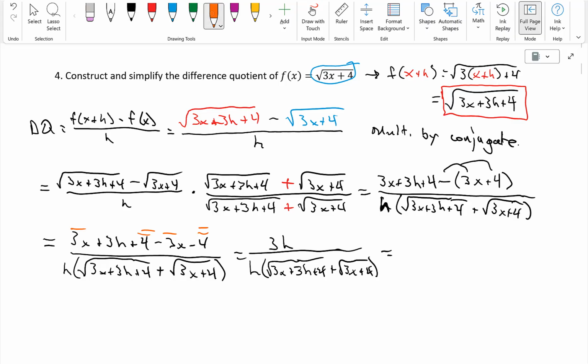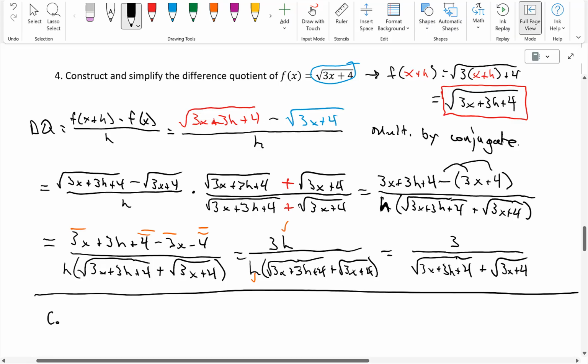Now that we have that factor of h in numerator and denominator, we can divide it out. And we end up with a difference quotient here of 3 over our square root of 3x plus 3h plus 4 plus our square root of 3x plus 4.